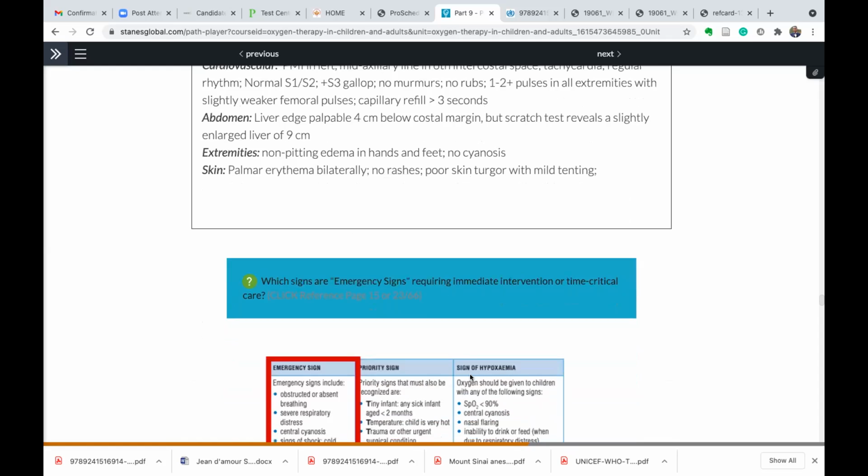And from that, we just have one question. What are the emergent signs of, or signs of impending respiratory failure?